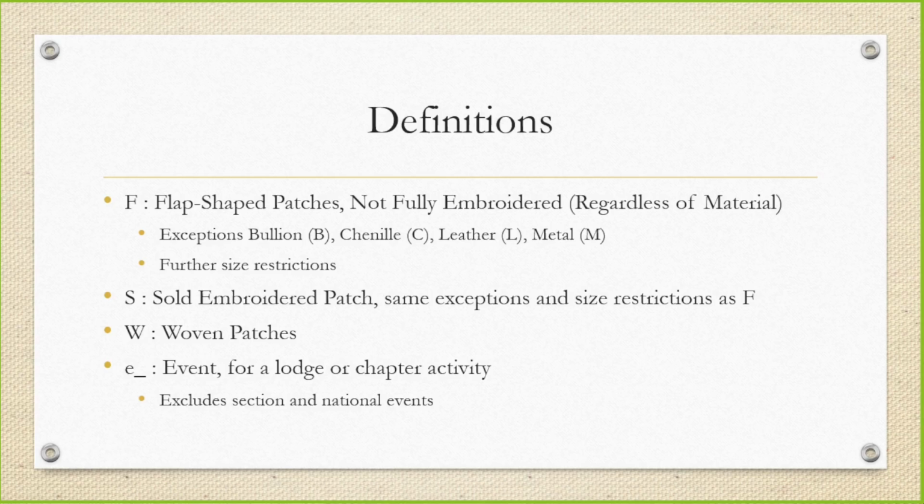And finally, you have an additional prefix of lowercase e, which stands for event. Historically, you didn't have event lodge flaps, but that has changed, and we'll get into that. But there are now event lodge flaps. The e prefix should stand for a lodge or chapter activity, where you're not at a section or national event.